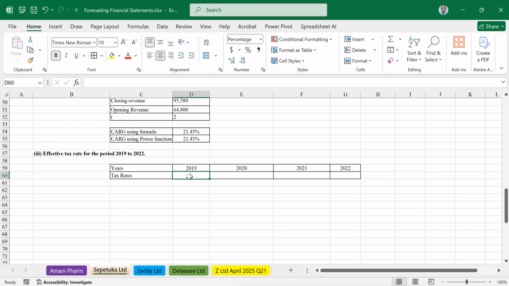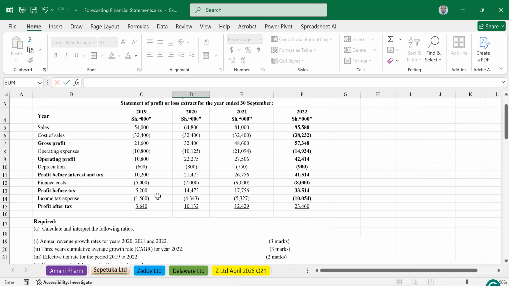The tax rate from 2019 to 2022 will be equal sign, then move up. Look at the taxes. So you can do equal sign, then negative, because you want a positive figure.